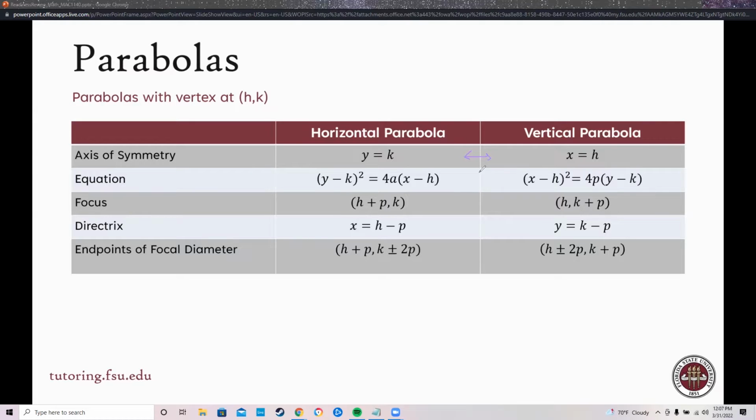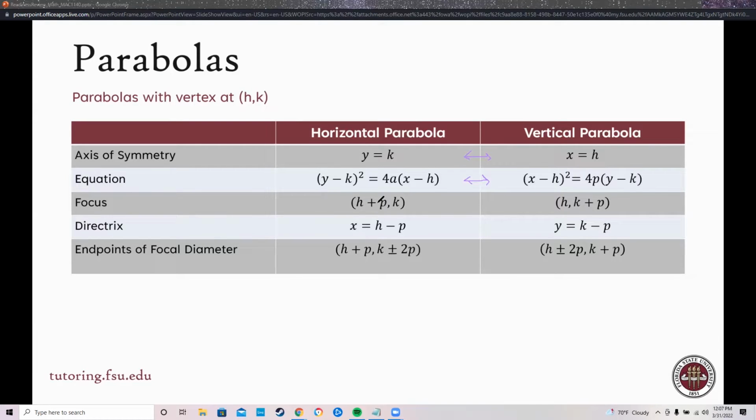The equations for the horizontal or vertical parabola look like this, with the focus being at h plus p, k for the horizontal, or h, k plus p for the vertical. The directrix here is x equals h minus p for the horizontal, and y equals k minus p for the vertical.